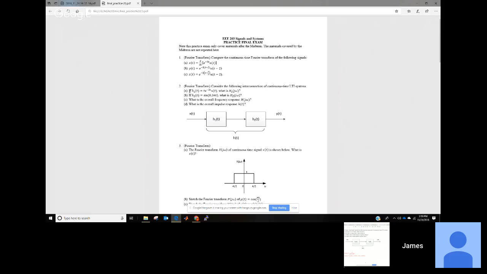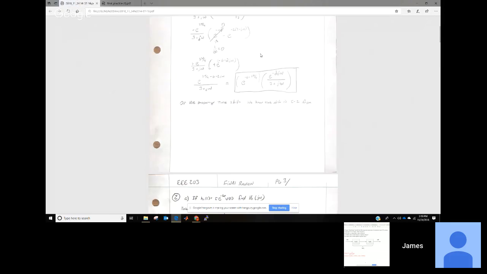But first, we're given the first impulse response as t times e to the minus 2t times the unit step function, and asked to calculate its Fourier transform. We're also given h2 of t as sine of 0.3 pi t, and asked to find its Fourier transform as well. So that's the first 2 parts.